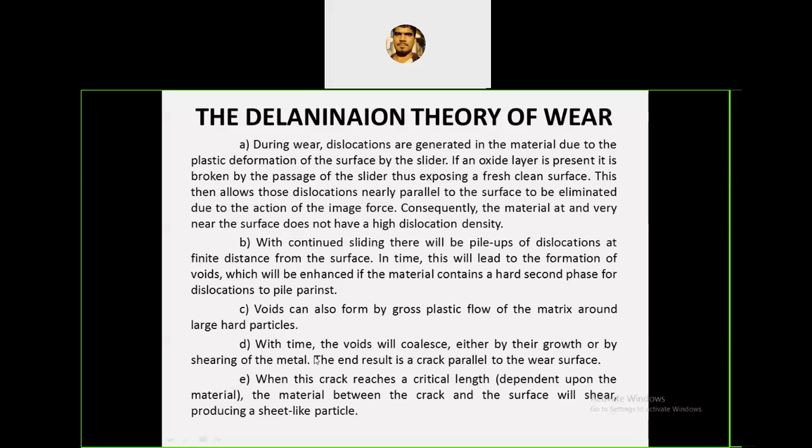Clear? And in the fourth stage, what happens? That entire crack propagates, meaning it is already formed, and forms the sublayer. One metal is there, and on that metal it forms another sublayer.